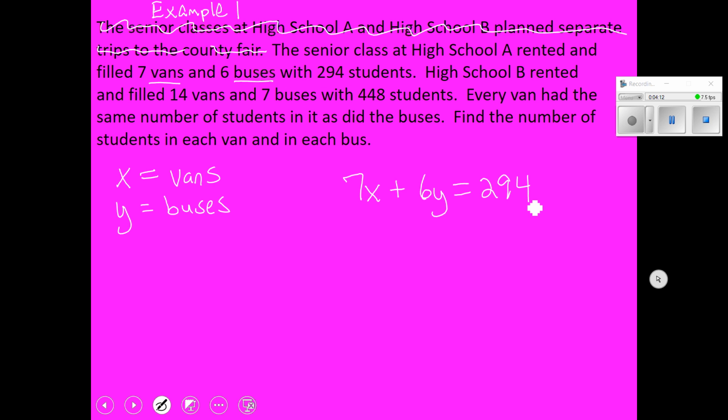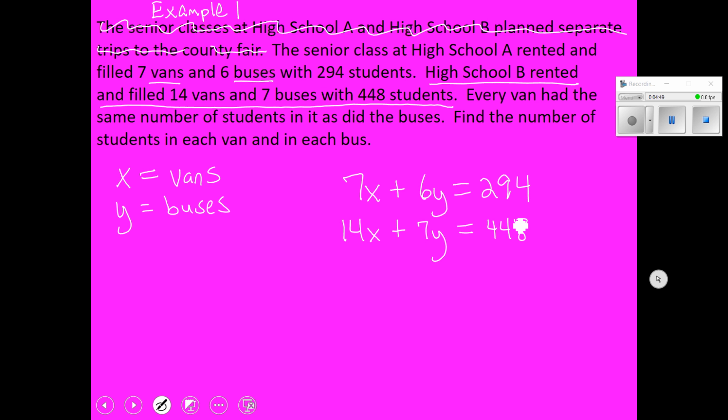Let's go to the second sentence. High School B rented and filled 14 vans and 7 buses to equal 448 students. How would we set that up as an equation? We would say 14x plus 7y equals 448. Very good, Chance. You're being a good student.